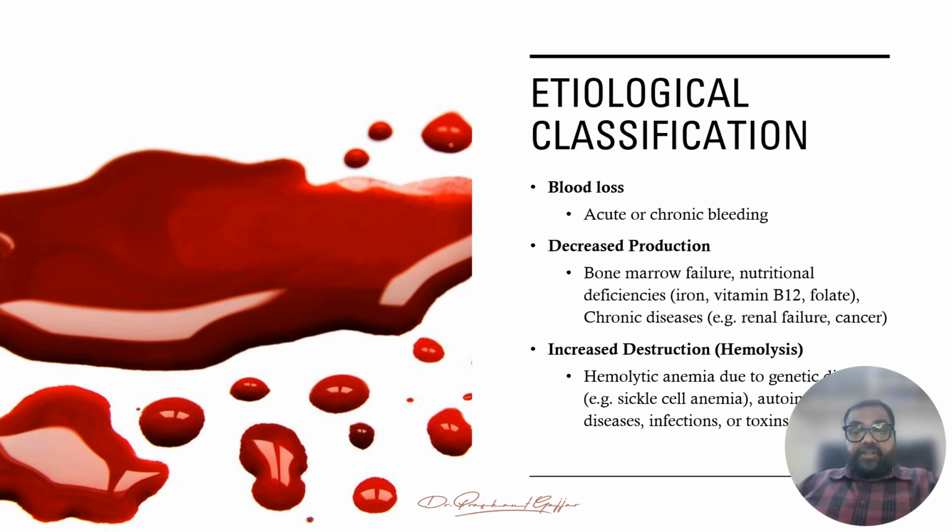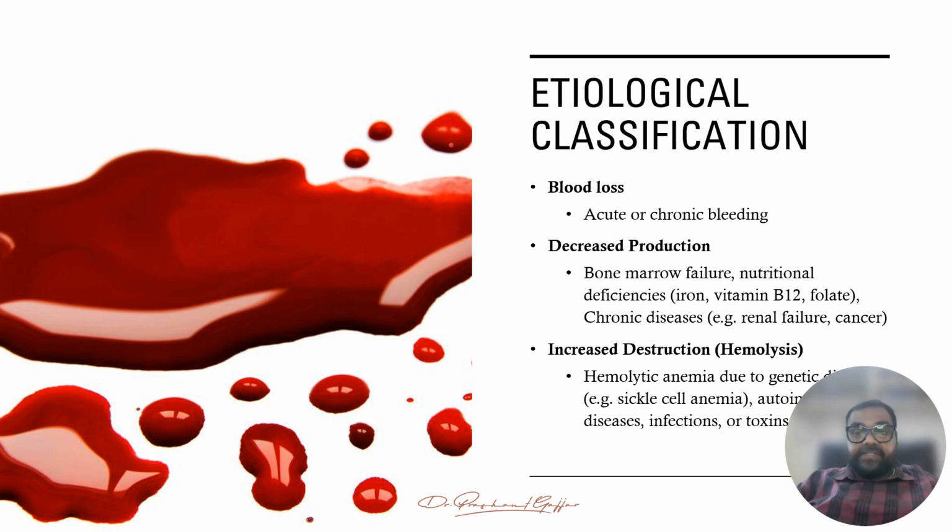So the first etiology is blood loss. Due to acute or chronic bleeding, there will be a loss of RBC and HB from the blood, which is responsible for the anemia.